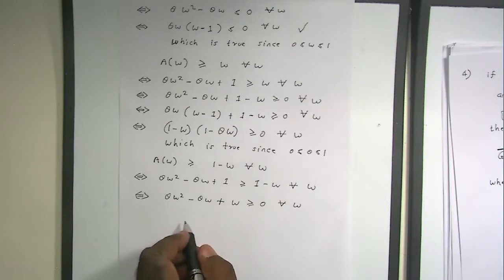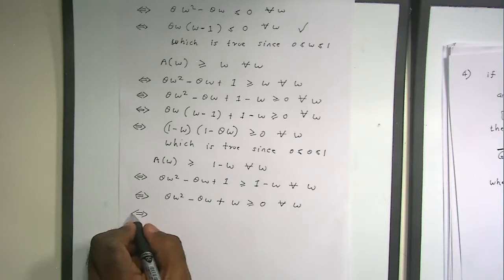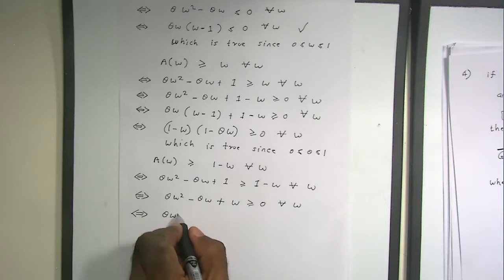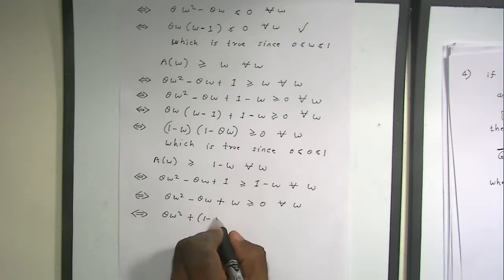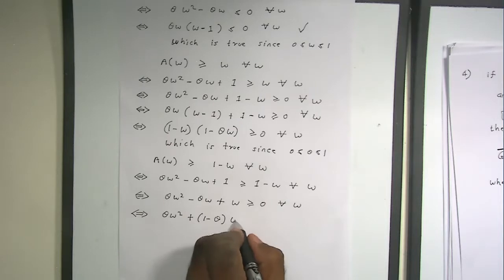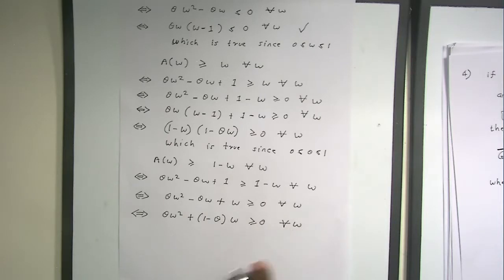Now you should pull out, no, there's nothing to pull out here. You can write this as follows: theta omega squared plus 1 minus theta omega greater than or equal to 0 for all omega.